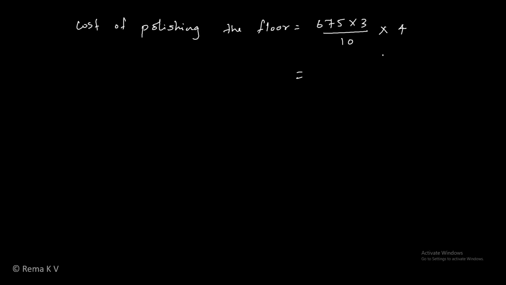So you can cancel this here. Do the simplification in the last step only. It will be easy for calculations now. You can cancel this with 2 5s here.